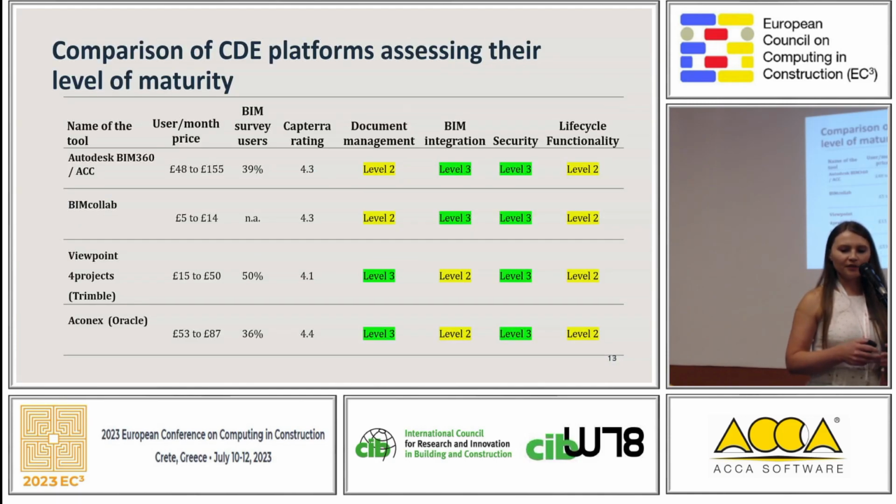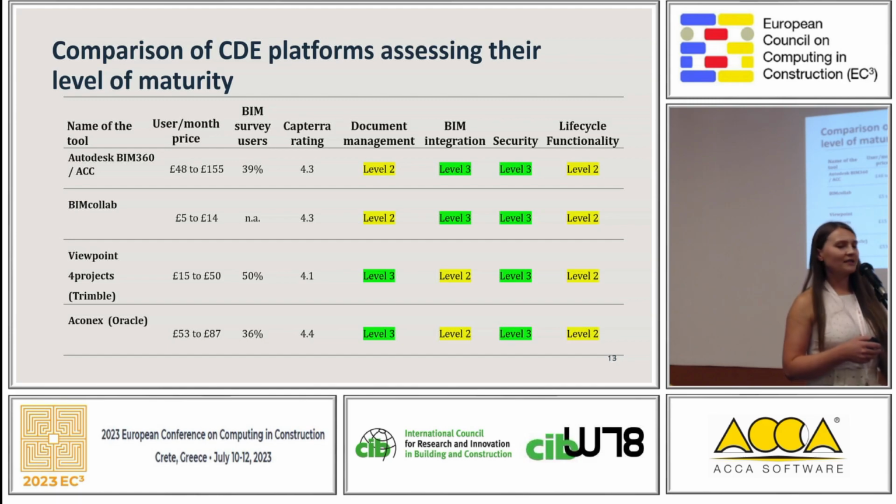So in the end, we provided a comparison table for all of the tools that we identified, including their monthly price, the number of users that the BIM survey participants used, and also we assessed the level of the development from the previously presented framework.